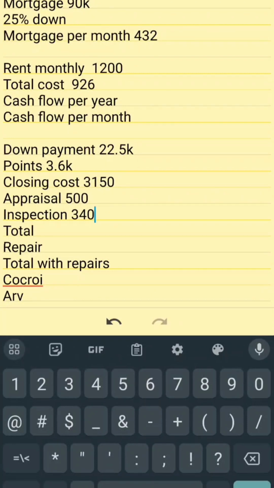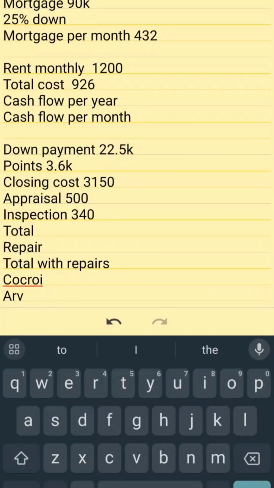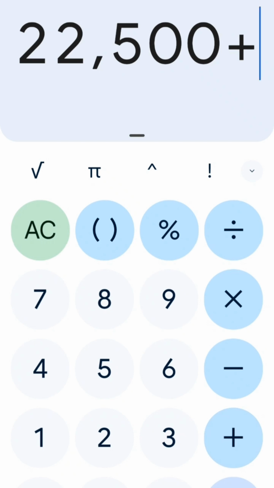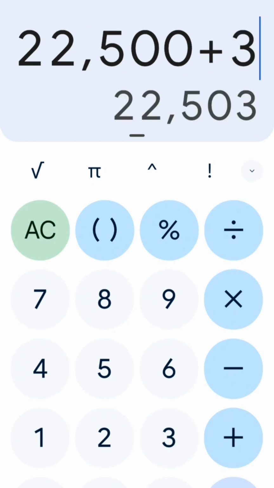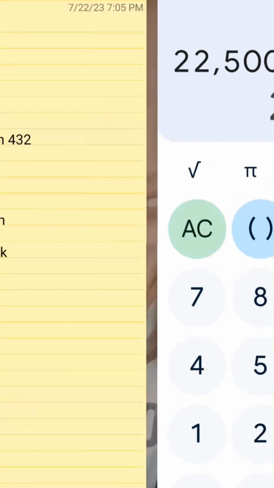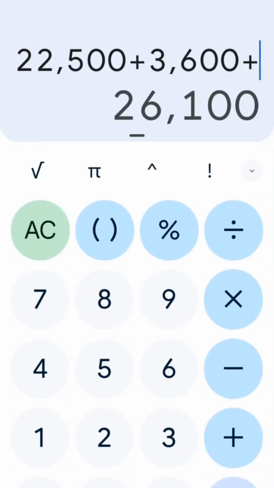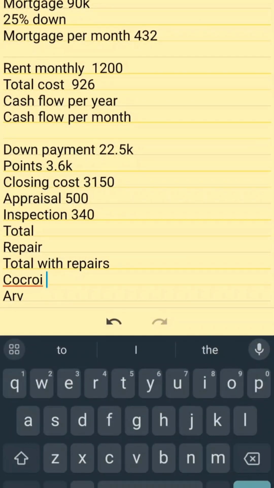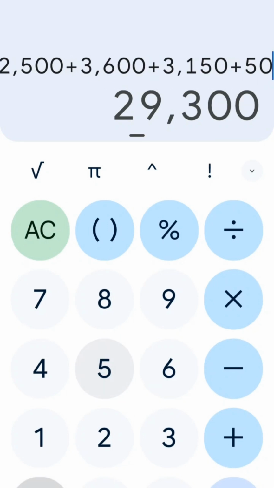You can always ask your inspector how much it would cost to look at a property. Now, if the property doesn't need any repairs, you are just going to take those 5 numbers and add them up, and that's going to be your total cost to close on the property. So now we are going to take our down payment of $22,500 plus our points of 3,600 plus the closing cost, the appraisal, and the inspection.